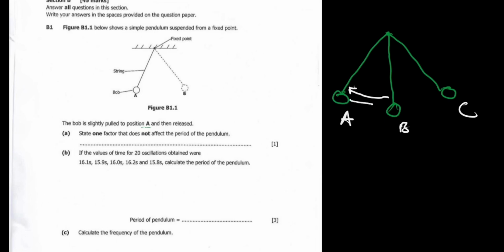When you release it, it is going to pass through B to C, and then it is going to come back to the resting position again. So the time it takes for this bulb to move from A to C and then back to A is what we call the period of the pendulum. So make sure you understand that.